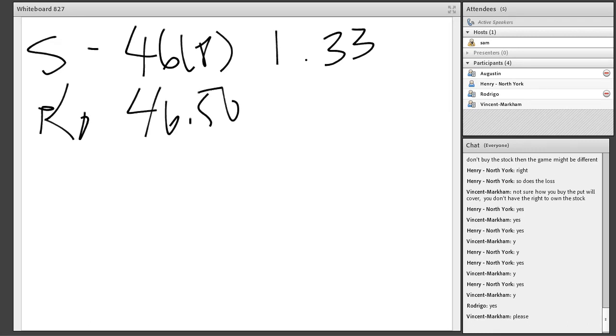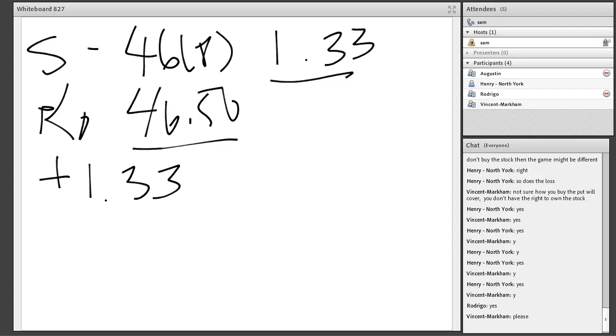Stock KO is trading at 46.50. If it stays at 46.50, what happens? What do I make? $1.33. Yep, from the premium, right? So plus $1.33. Everybody see that?